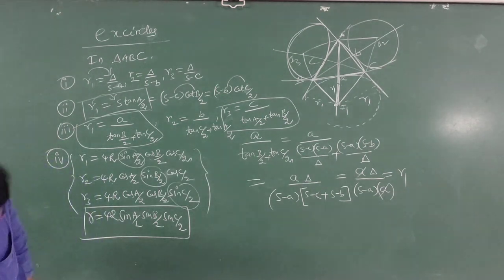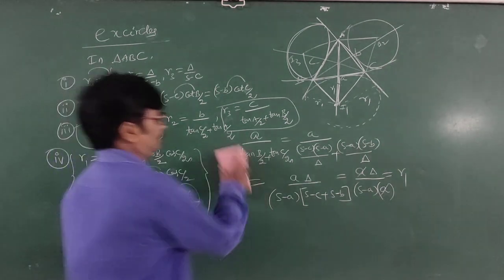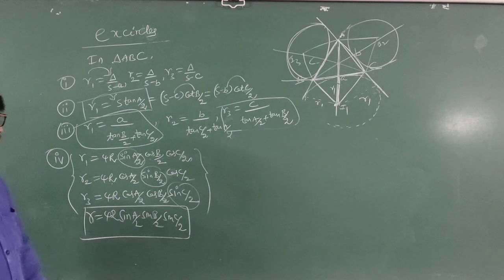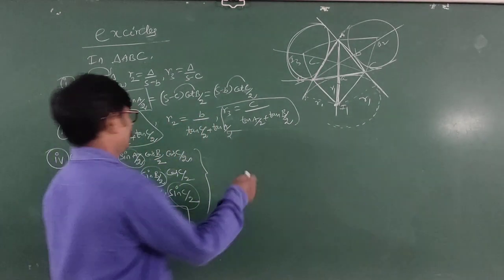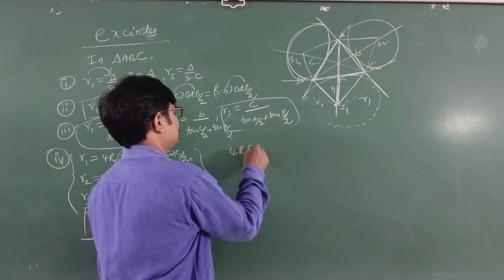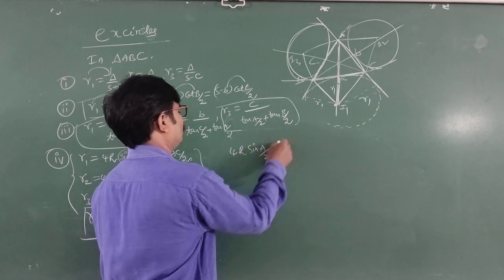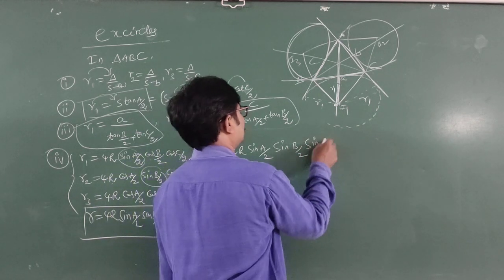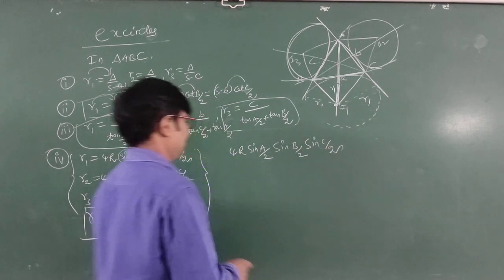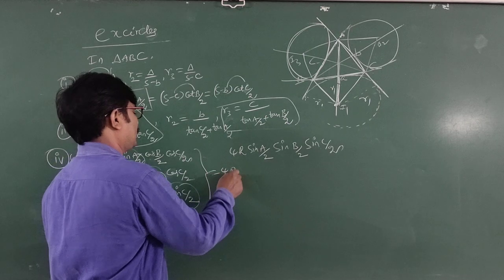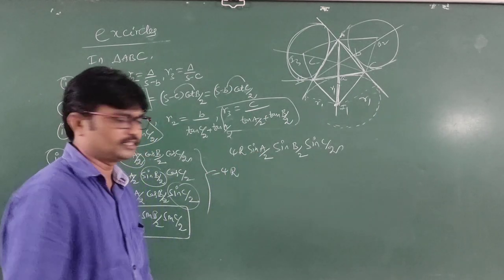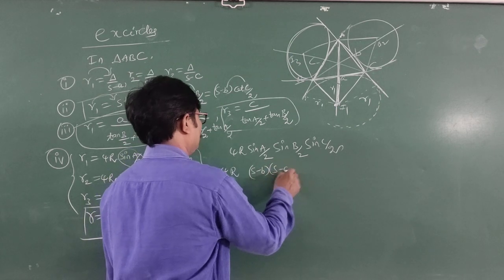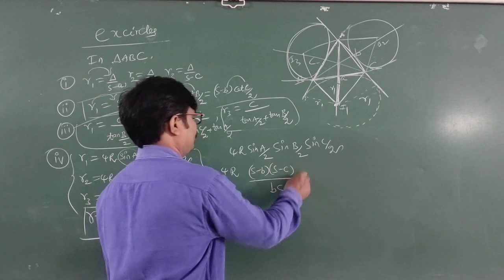Now first we show r1. So dear students, first of all we have to show that r1 is 4R sin A by 2 into sin of B by 2 into sin of C by 2. Dear students, what is the formula for sin A by 2? Root of (s minus b)(s minus c) upon bc.